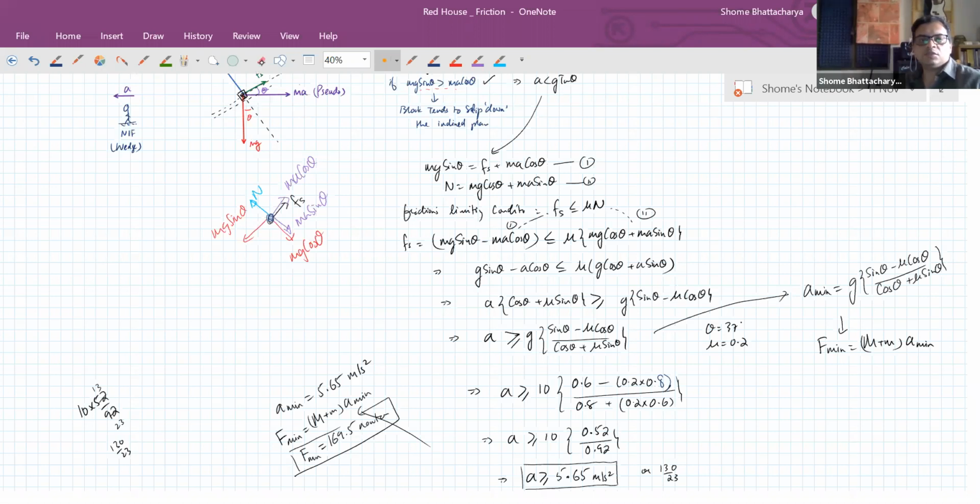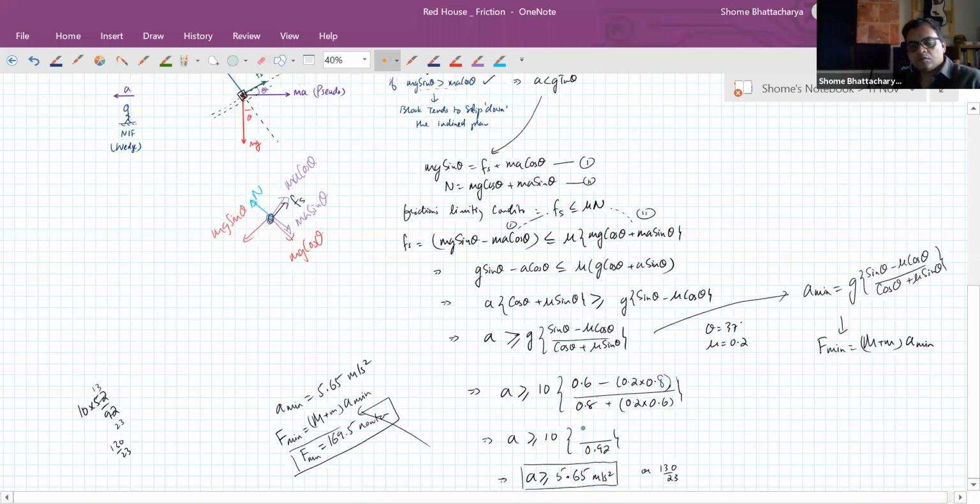So the numerator will become 0.44. So this whole value will change.